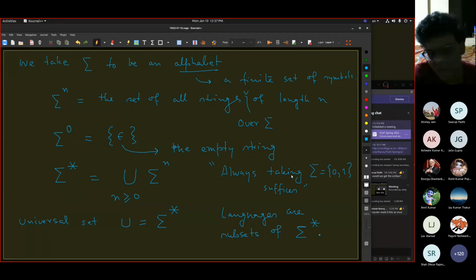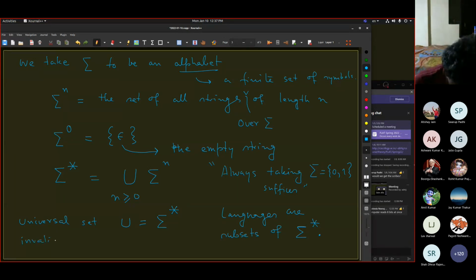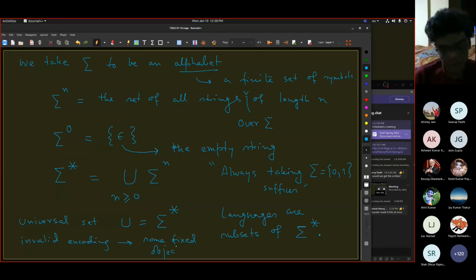That's not usually a problem. You map all these invalid encodings to some fixed object, like the empty graph. That's usually not an issue.